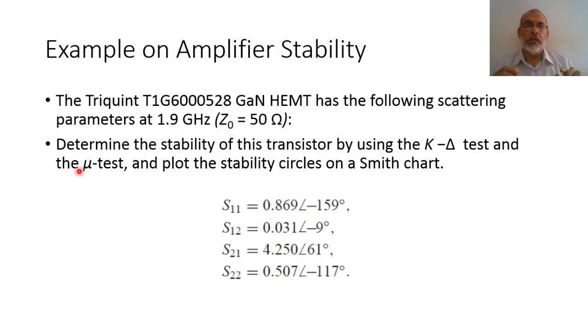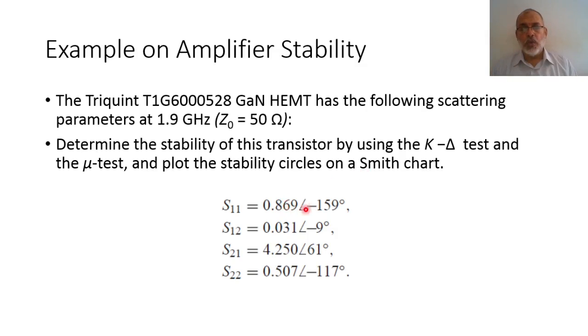If it is unconditionally stable, it's okay. If it is conditionally stable, plot the stability circles, which are the source and load stability circles, on the Smith chart. From the stability circles, determine the range of Z source and Z load which corresponds to a stable amplifier, and the range which corresponds to an unstable amplifier.